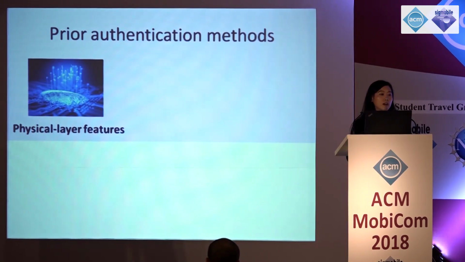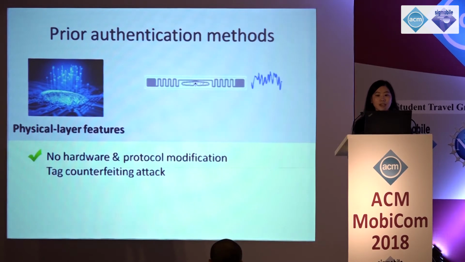Therefore, physical layer authentication methods were proposed. Compared with cryptographic-based methods, physical layer authentication does not need any hardware or protocol modification. It authenticates tags by analyzing their physical layer features, say hardware fingerprints.